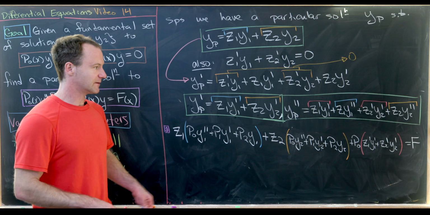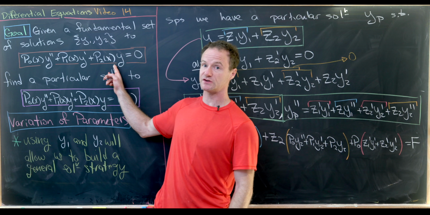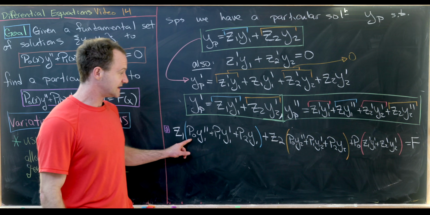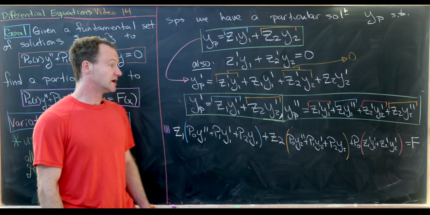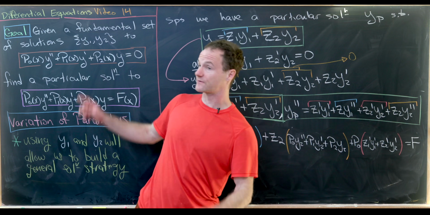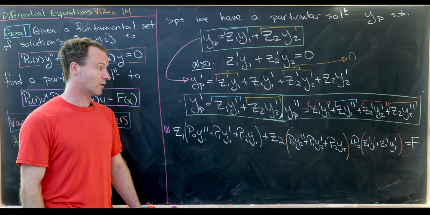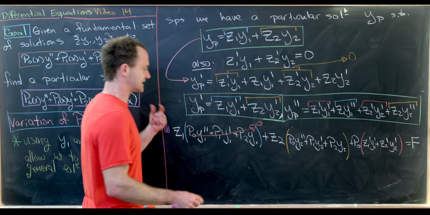Okay, so next up, let's recall that y1 and y2 are solutions to this associated homogeneous equation. So that means that everything in these blue and orange parentheses ends up being 0 because they're exactly the differential operator over here on the left-hand side being evaluated at y1 and y2. And being a solution means that you satisfy this equation.